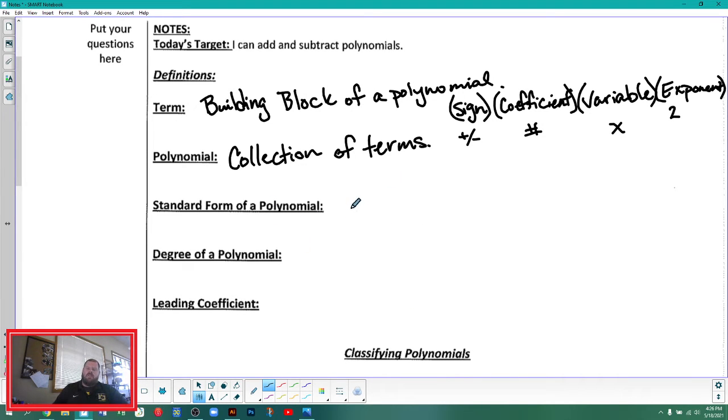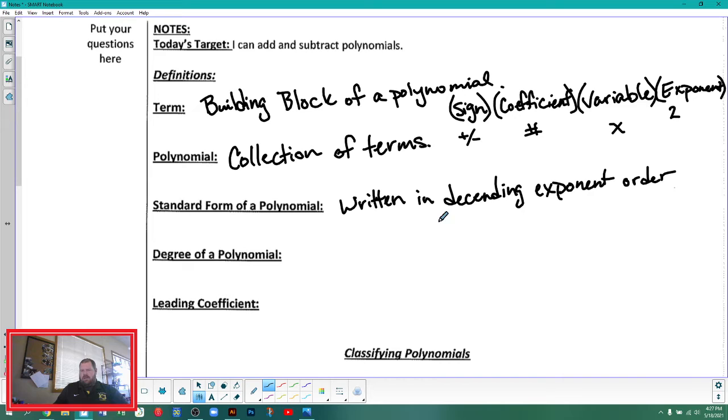A standard form of a polynomial is written in descending exponent order.